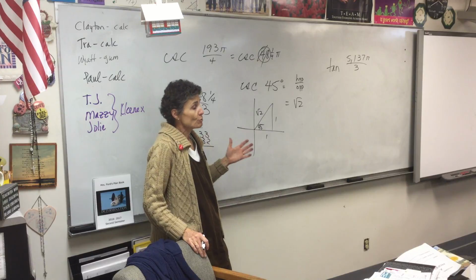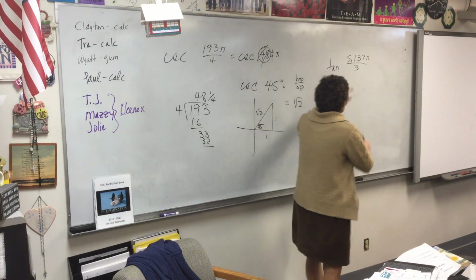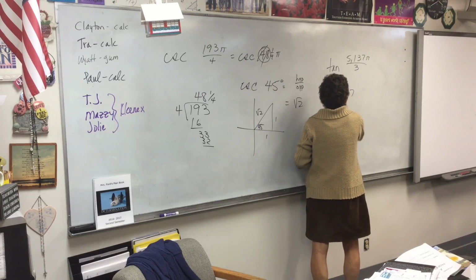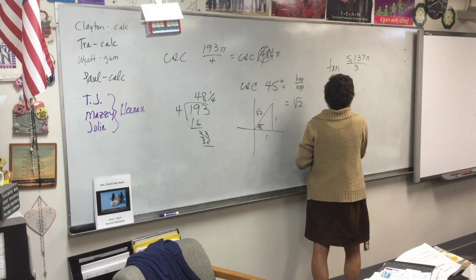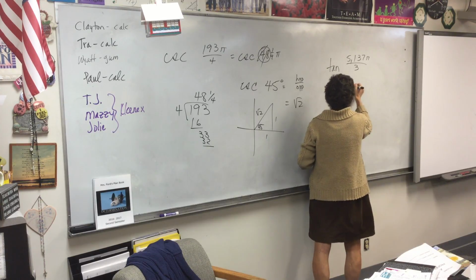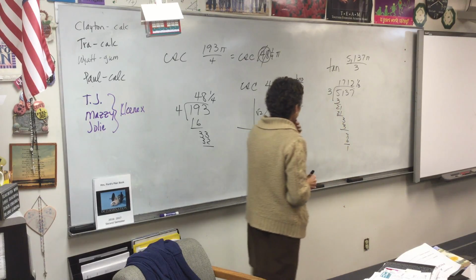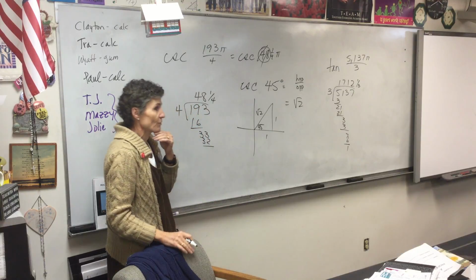We have no use for anything that's bigger than 1 revolution. So let's see what this is. 5137 divided by 3. Keep an eye on my arithmetic. Oh, did I write that right? I got 1,712 and a third.